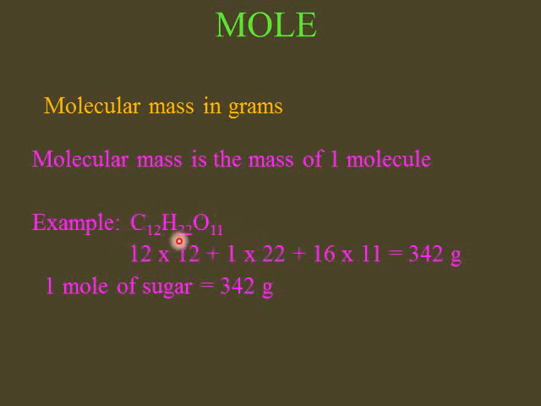So here the atomic mass of carbon is 12, so it will be multiplied with the number of carbon atoms. Then the mass of hydrogen is 1, and it will be multiplied with the number of hydrogen atoms, which is 22. Mass of oxygen is 16, and it will be multiplied with the number of oxygen atoms, which is 11. So we get the molecular mass of sucrose as 342 grams.